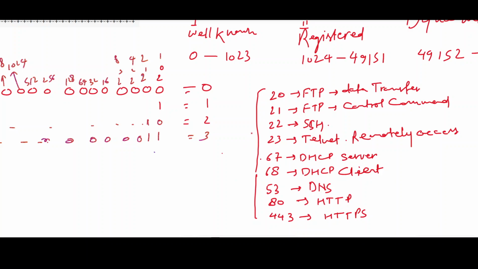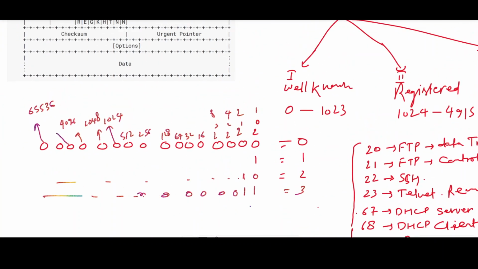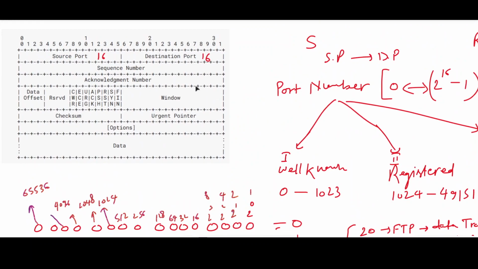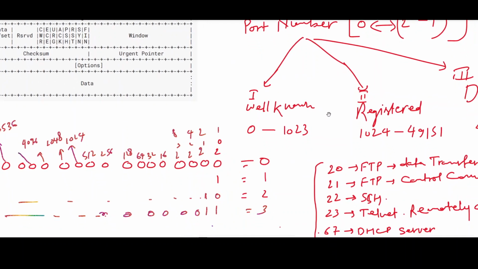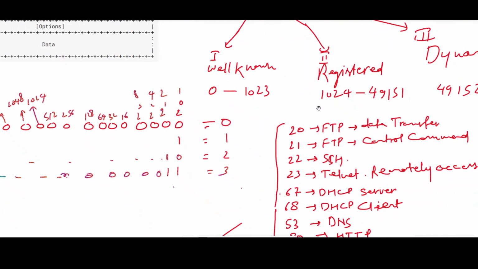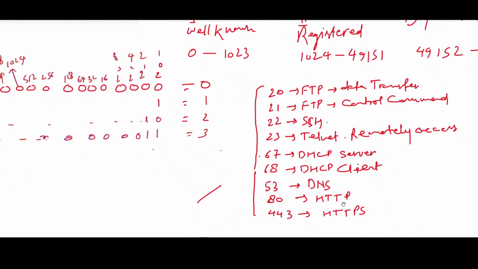Now in this video we have discussed the first row, that means source port and destination port. Clear? Now the source port is randomly selected and the destination port is sometimes defined, because suppose the sender wants to access the Google server, so the sender opens a web browser, which is an application where the HTTP service works.